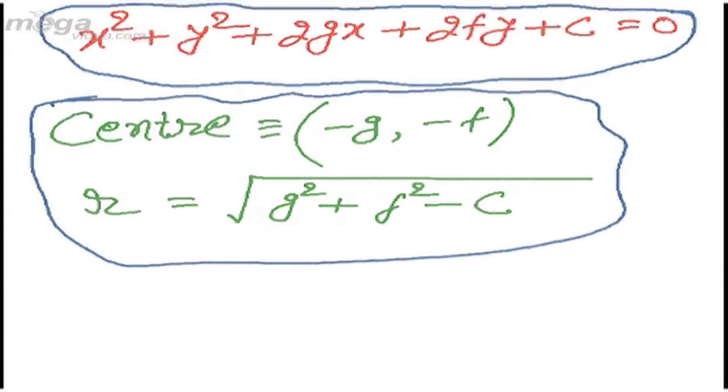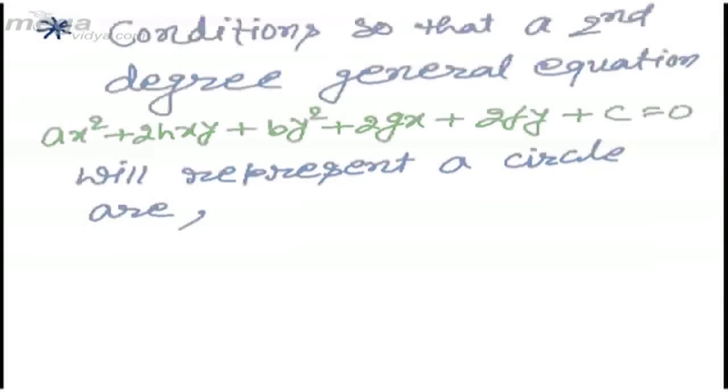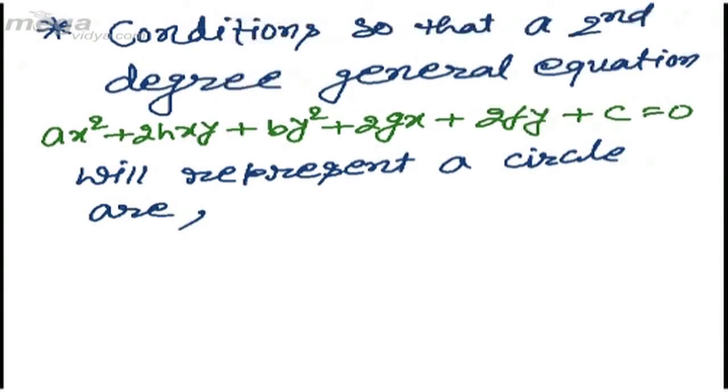Now student, a second degree equation, as you did in the pair of straight lines, when will it represent a circle? So student, the conditions so that a second degree general equation, which is ax square plus 2hxy plus by square plus 2gx plus 2fy plus c equal to 0, will represent a circle.